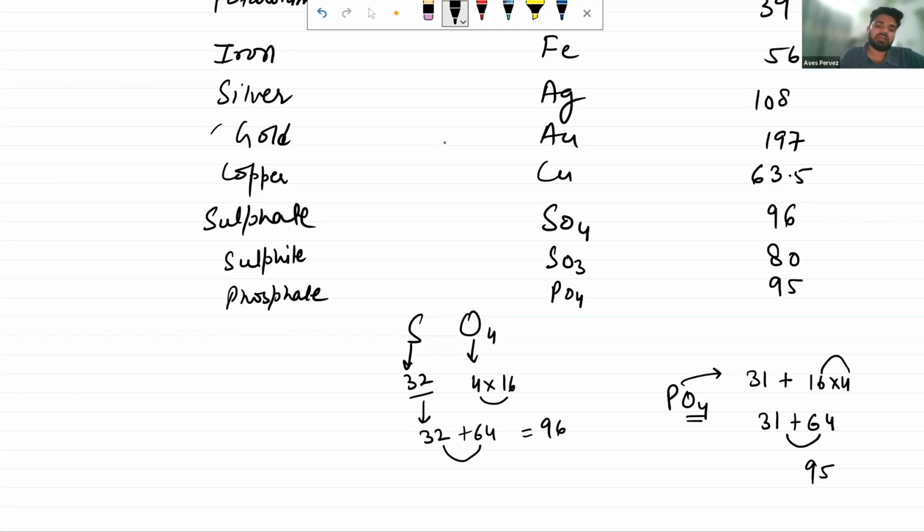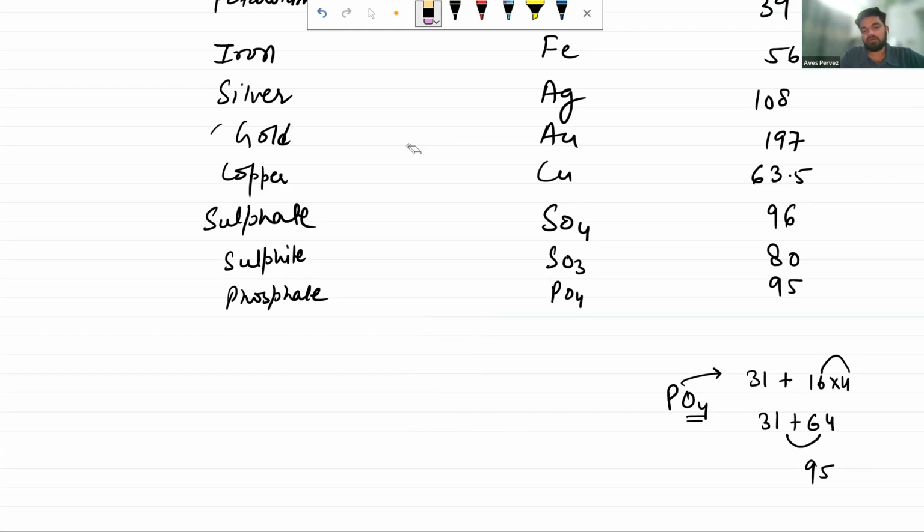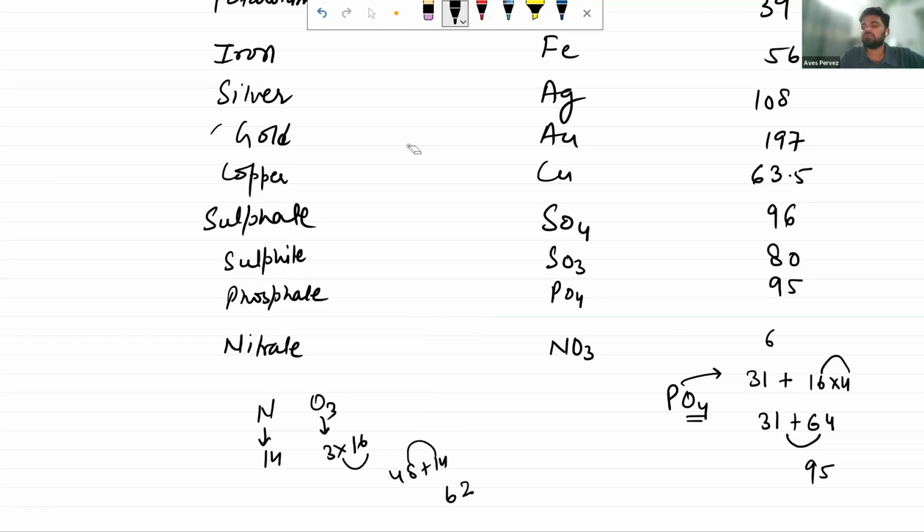Got it? Nitrate, NO3. One nitrate ion: nitrogen is 14 and O3 means 3 into 16, which is 48, plus 14. What will you get? 62. Okay, understood?